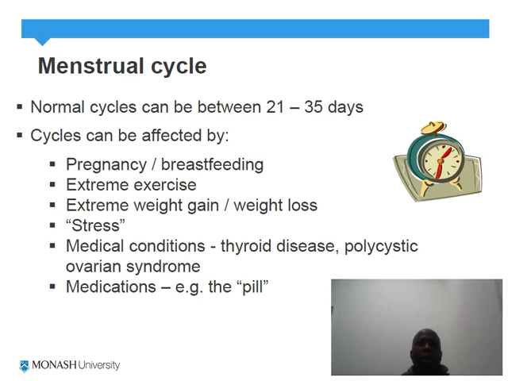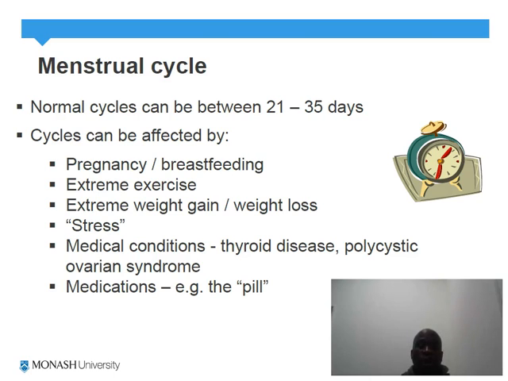Okay, now what factors can affect the menstrual cycle? Firstly is pregnancy and breastfeeding. Definitely, when the woman is pregnant and is breastfeeding, it will shut down the menstrual cycle.